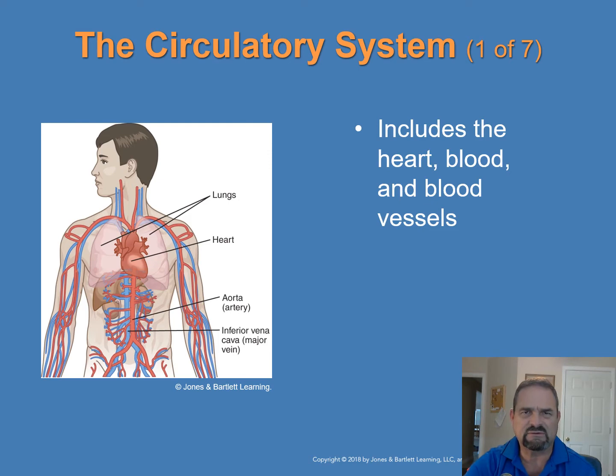Right, the circulatory system includes the heart, the blood, and the blood vessels. This figure shows you the different structures. It shows you the heart here, okay? It's in the center of the chest. It shows you the main artery, which is the aorta, and also how it's divided, the vena cava. That is this blue.